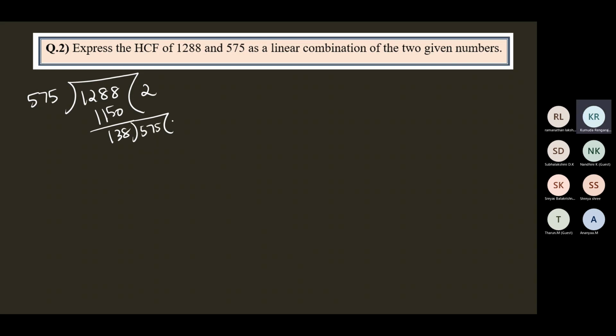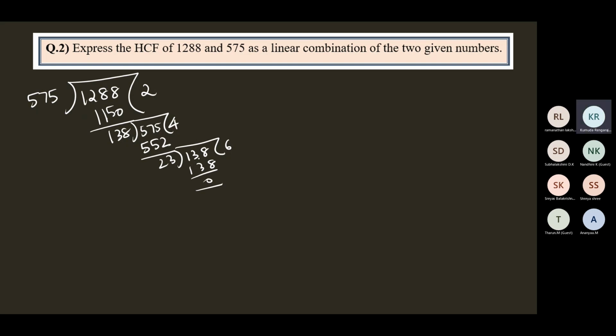How many times? 4 times. Okay. Product, 552, remainder, 23. How many times? 6 times. Okay, so we start with the HCF.